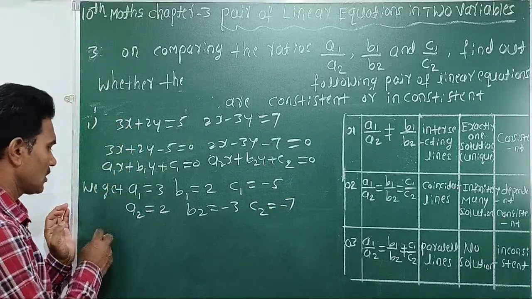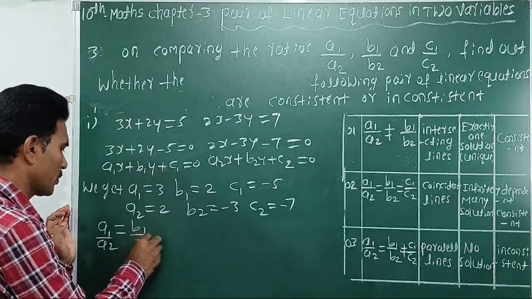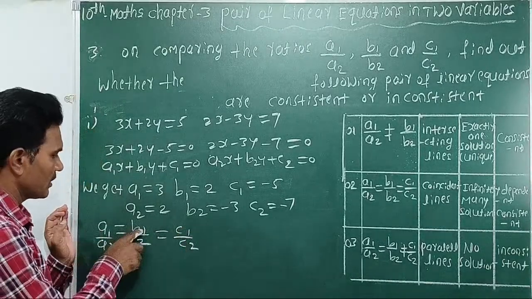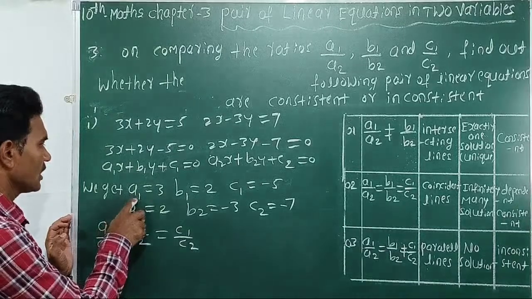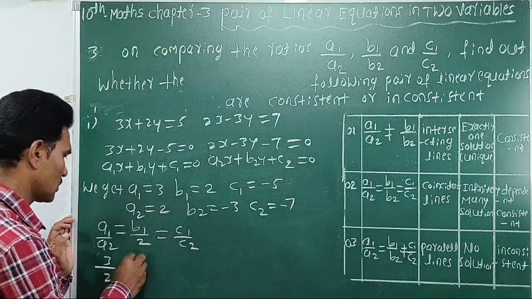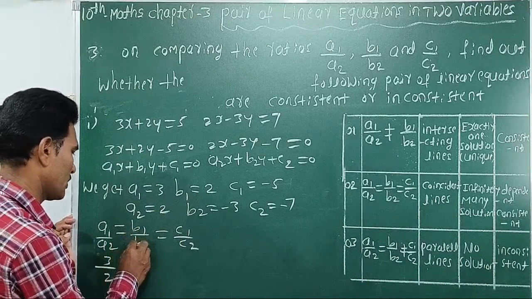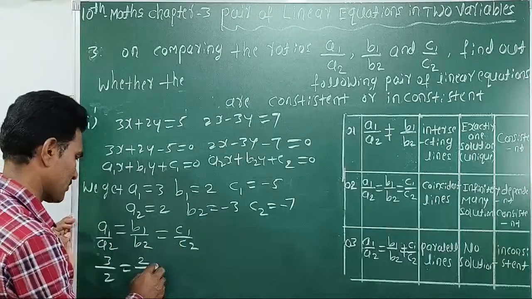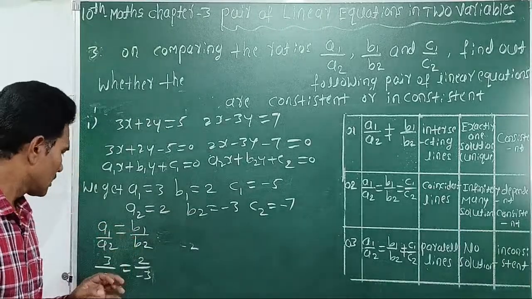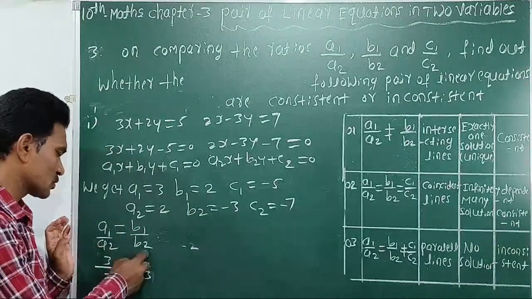Yes. I will take the ratios a1 upon a2, b1 upon b2, c1 upon c2. Put the values of a1, b1, c1, a2, b2, c2. a1 is 3, a2 is 2, b1 is 2. Sorry, here we have to write b2. b2 value is minus 3. 3 upon 2 is not equal to 2 by minus 3, or minus 2 by 3.